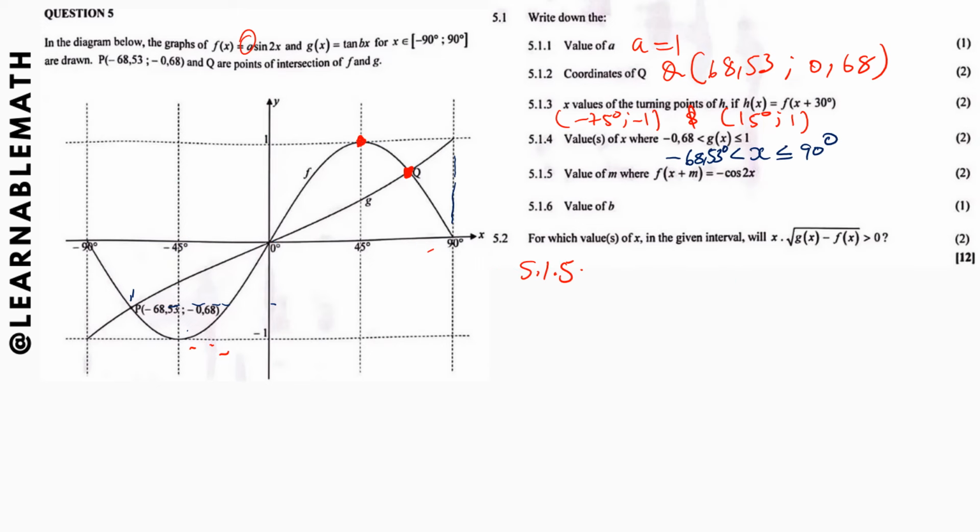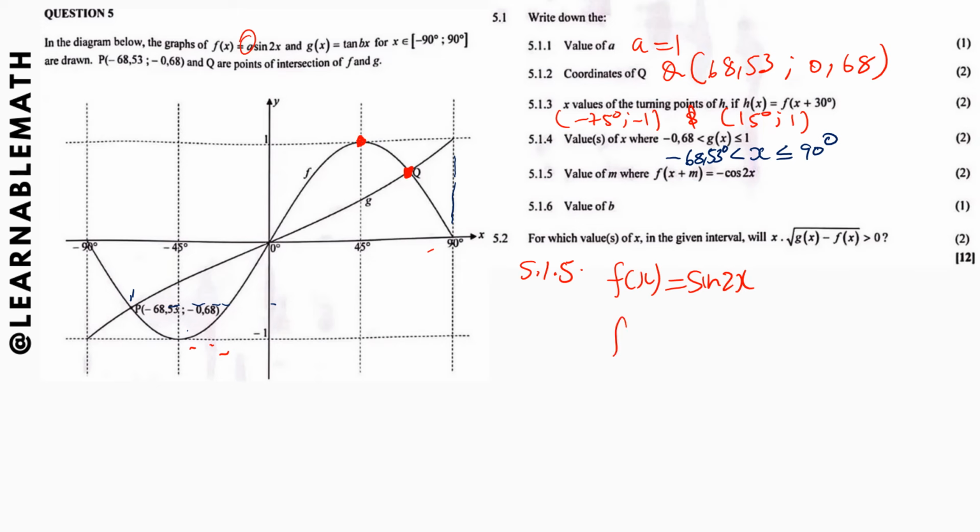Okay, 5.1.5, it says find the value of m where f of x plus m will actually be equals to minus cos 2x, right? What is f of x? Our f of x, if we replace our a, which is 1, it will just be sine 2x, right?